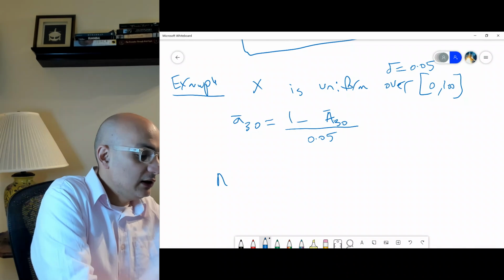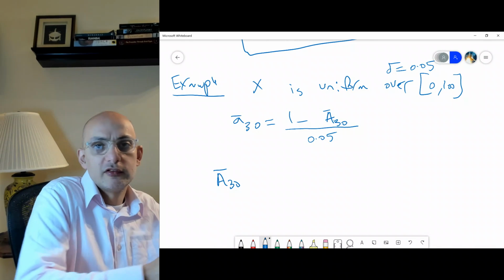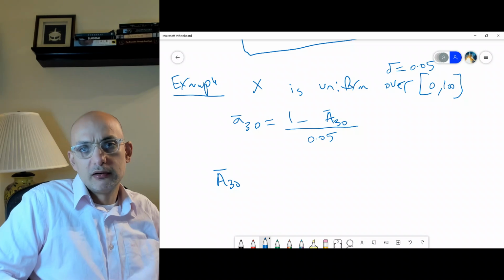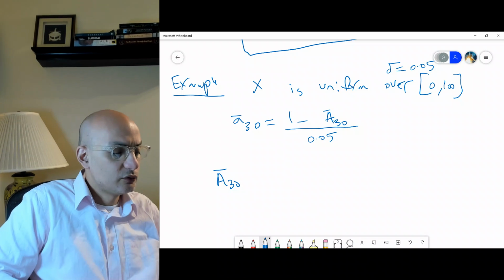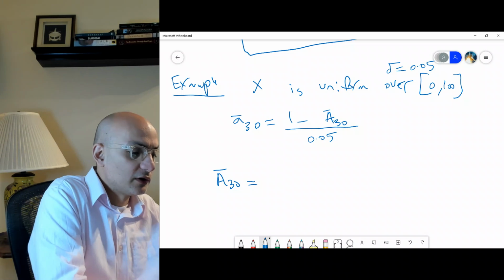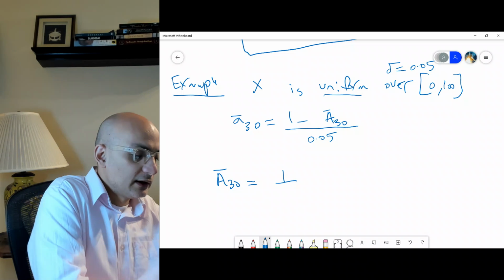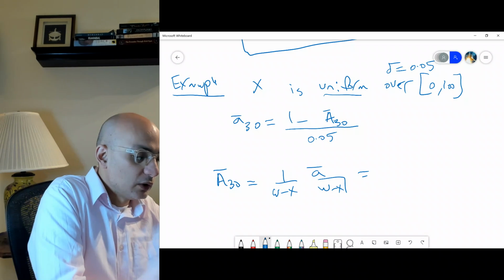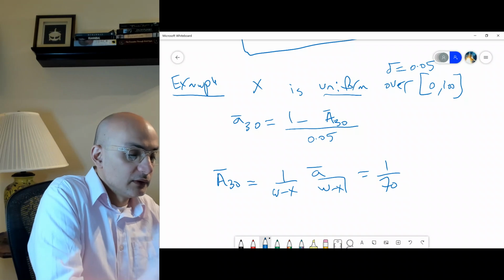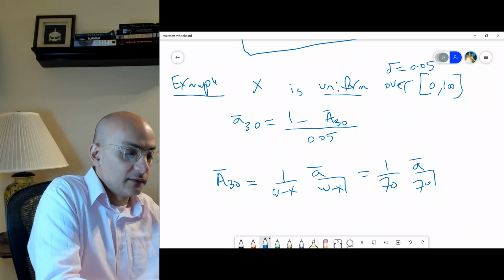But what is A bar 30? And now this is what I said. If you know the insurance benefit models, then this becomes very easy, because for the uniform distribution it is 1 over omega minus x, times a bar angle omega minus x, which is 1 over 70 of a bar angle 70.